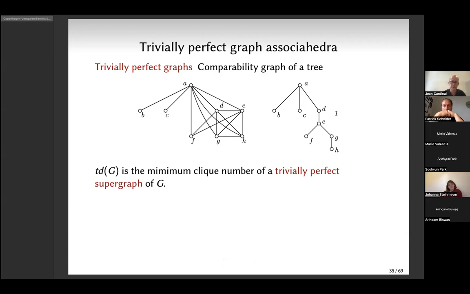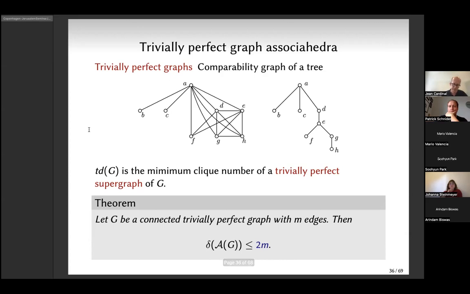So the tree width of G is the minimum clique number of a chordal completion of G. In the same way, the tree depth of G is the minimum clique number of a trivially perfect completion of G. You add edges to make the graph trivially perfect, in such a way that the clique number is as small as possible. This is a definition of the tree depth, and it's not hard to show.